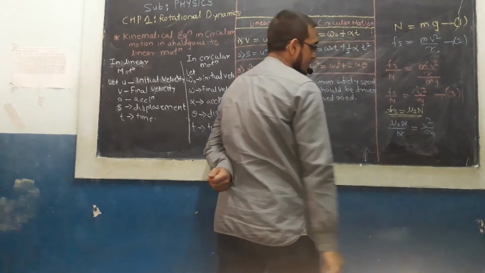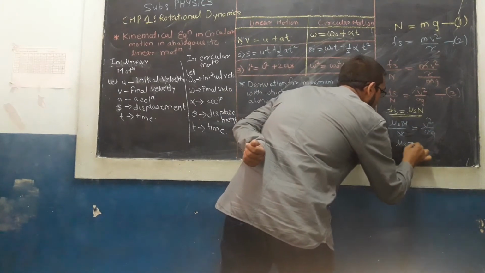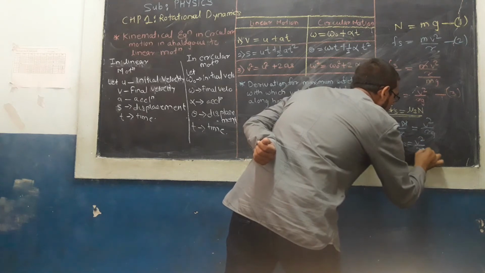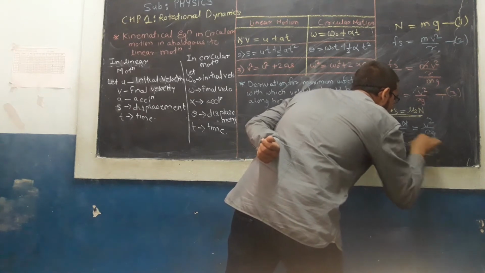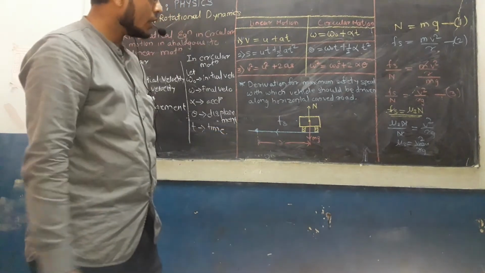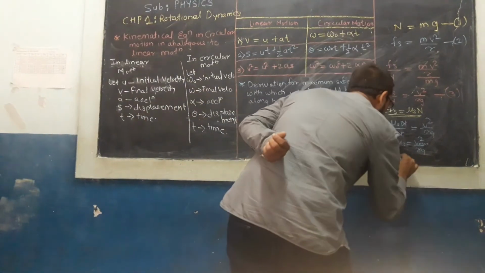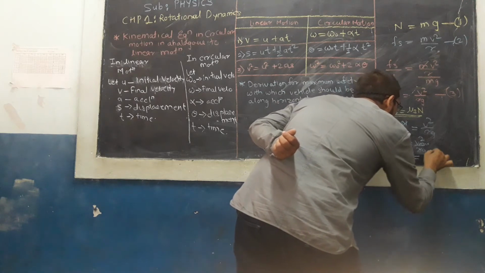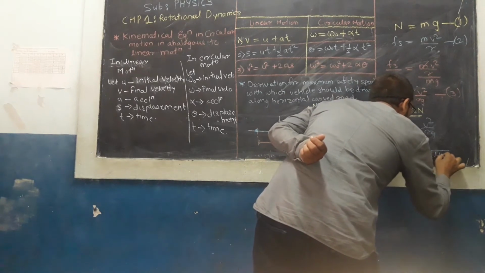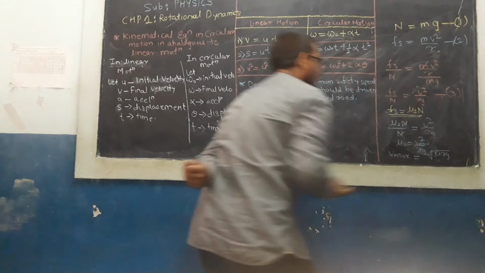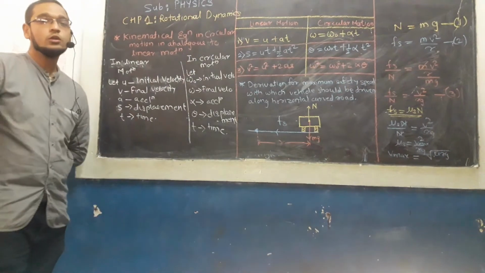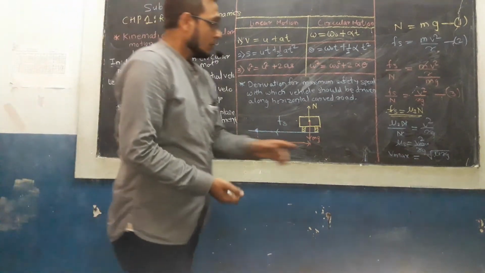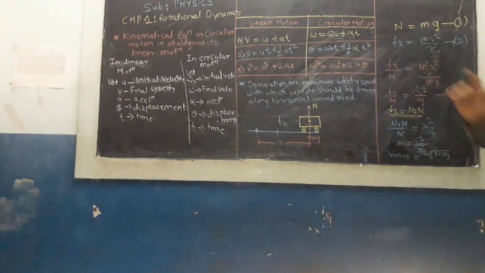N and N get cancelled. So we get mu s equal to v square upon rg. I will write here maximum speed, so v max square upon rg. From this I can write v max is equal to under root mu s rg. So this is the expression for the maximum safe speed with which a vehicle should be driven along a horizontal curved road.